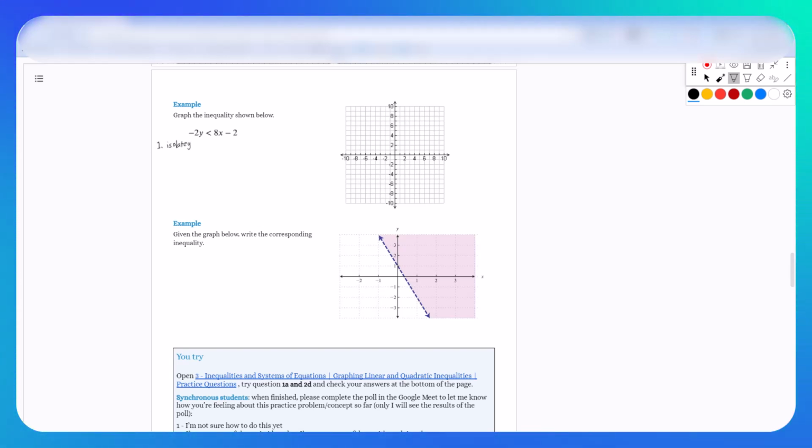So in this case, we're dividing both sides, and not only both sides but all terms, by negative 2. So negative 2 over negative 2 gives us a y. 8 divided by negative 2 gives us a negative 4. And negative 2 by negative 2 is a plus 1, sorry.